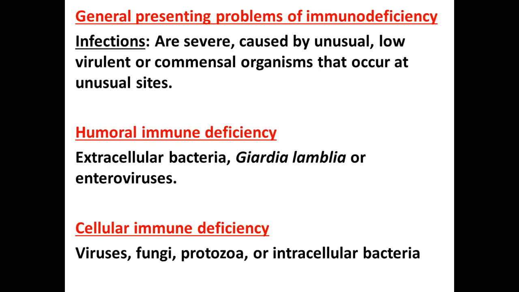So if the patient suffers from repeated viral infection, you expect that the deficiency is cellular. If a patient suffers from extracellular bacterial infection, you expect the deficiency is in antibodies or B cells.